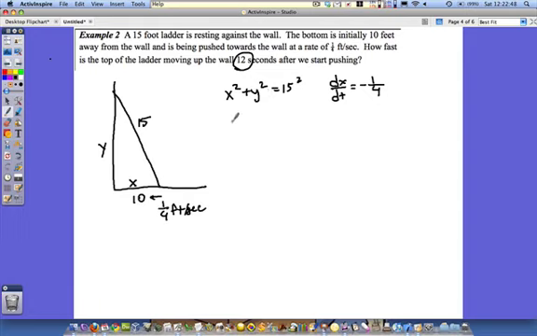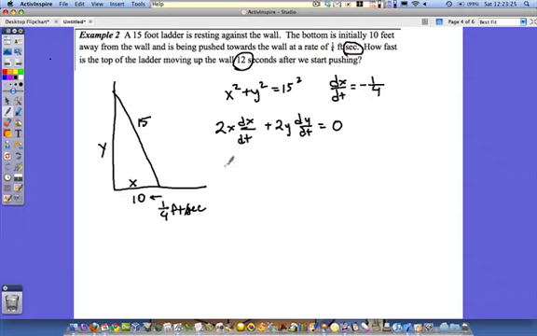Let's go ahead and find the relationship between the rates. We're trying to find a derivative, how fast things change with respect to time, with respect to seconds. So that's going to tell us how we're taking our derivative. We take our derivative with respect to time, and we end up with this equation: 2x dx/dt plus 2y dy/dt equals 0.